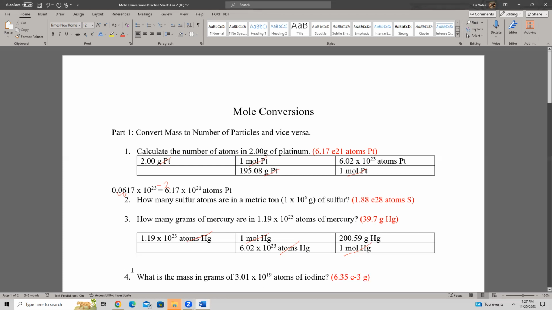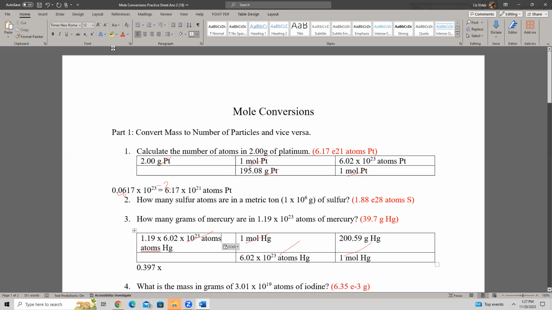So 3.965, no, it's 0.3965 actually, right? So times 10 to the what? Well, we have 23rd on top. You notice how I'm just copying these numbers.